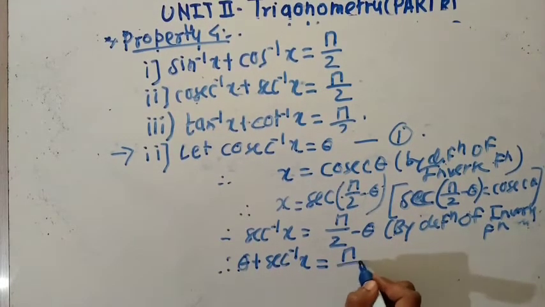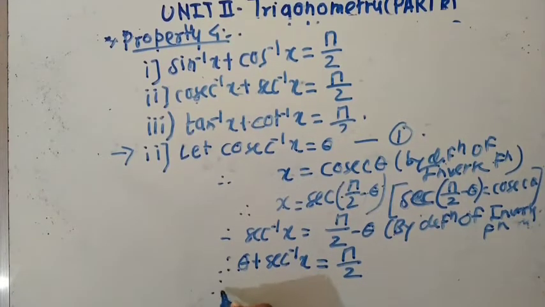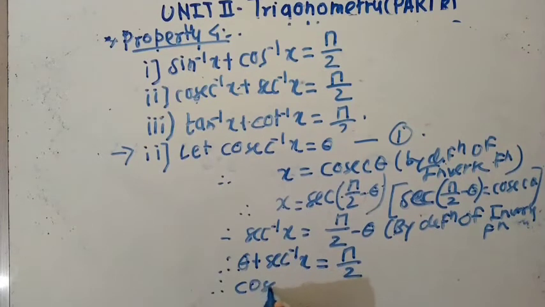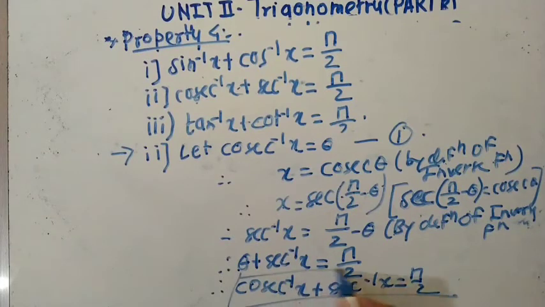Plus sec inverse of x is pi by 2, but we consider theta is equal to cosec inverse of x, so cosec inverse of x plus sec inverse of x is equal to pi by 2. Hence we prove this property.